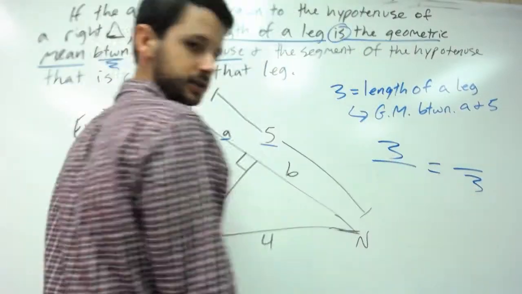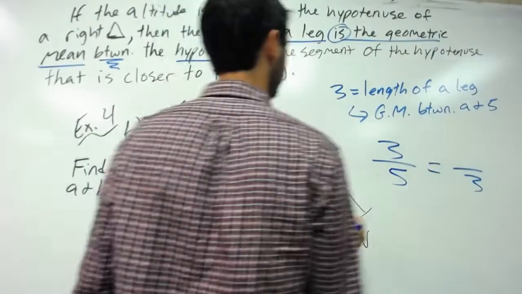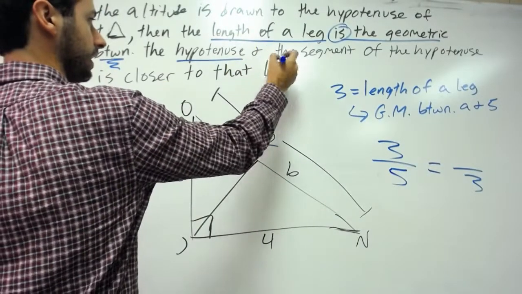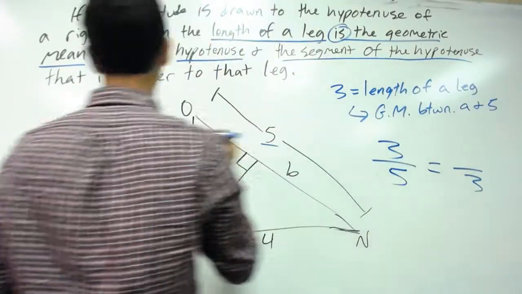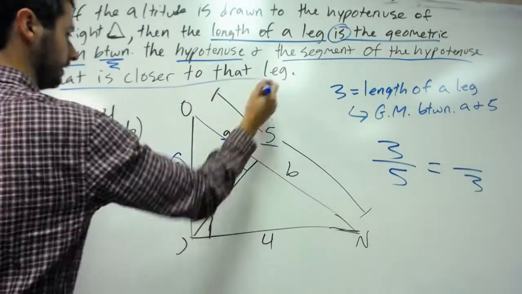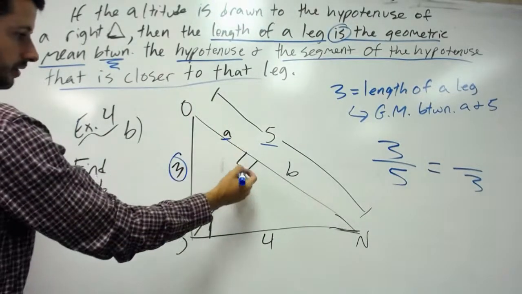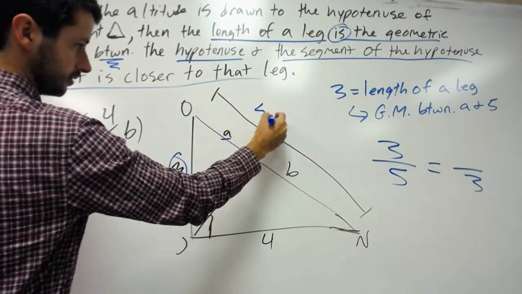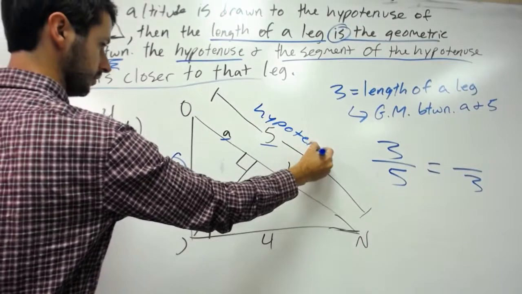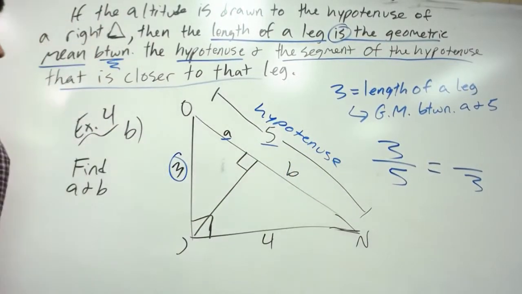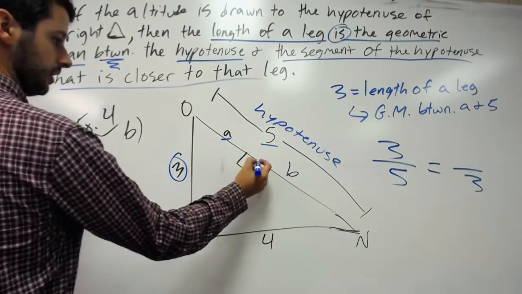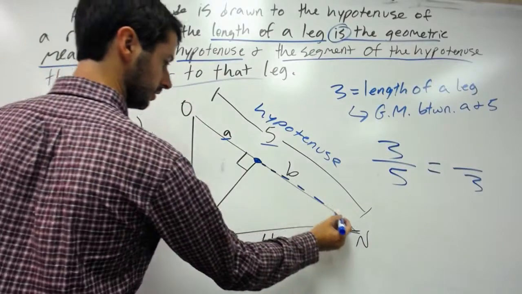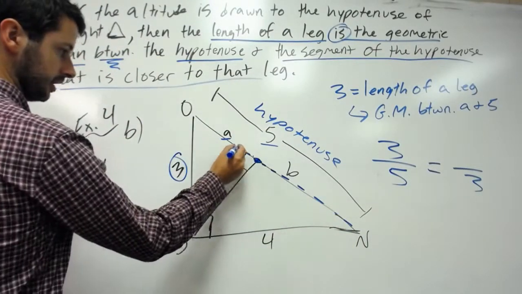So 3 is the geometric mean, so we can stack it like that between 5 and the segment of the hypotenuse that is closer to that leg. So here's our hypotenuse, and here are the two segments, that segment and this segment.